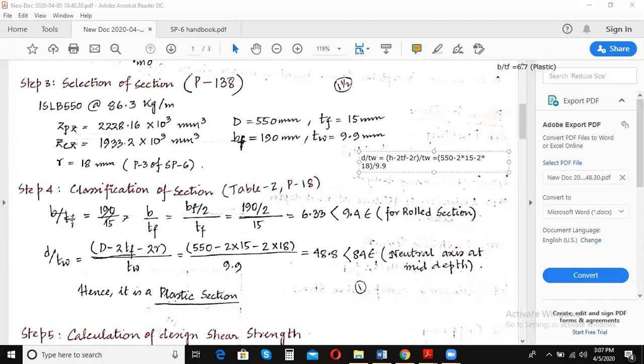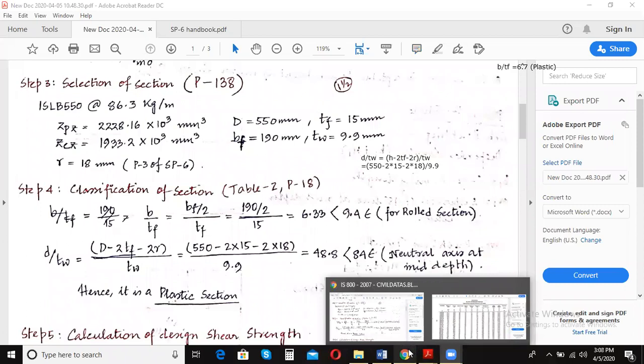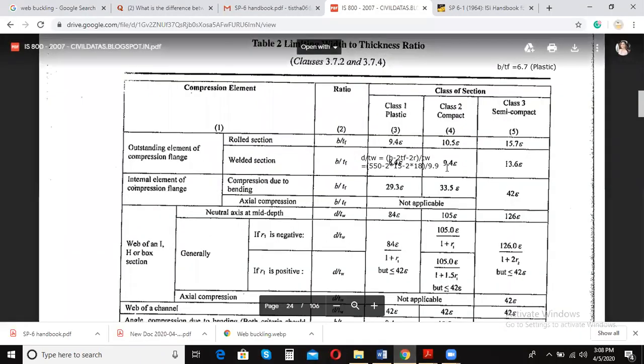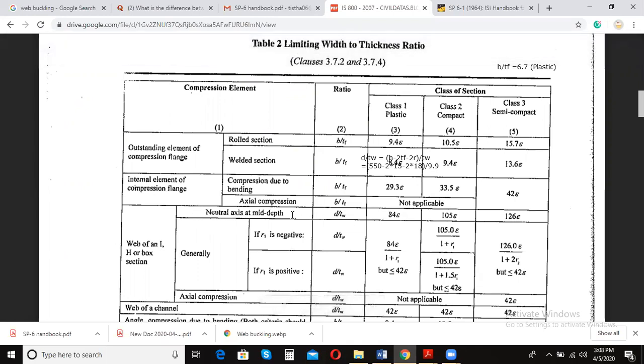If you calculate it, it is coming out as 48.8, and this value is less than 84 epsilon. Neutral axis at mid depth for the web, this value is less than 84 epsilon. It is not lying between 84 epsilon and 105 epsilon. Hence, our section is going to be classified as a plastic section.